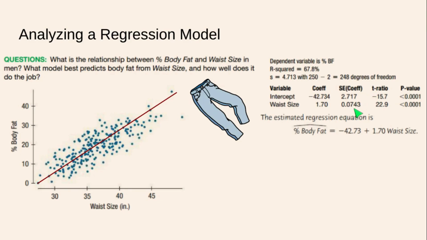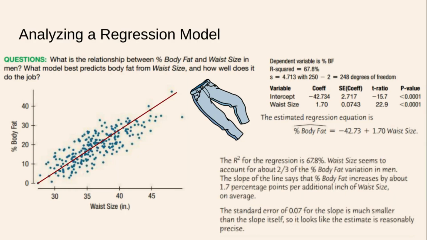This is the standard error specifically for the coefficient, all right? This is a measure of, in repeated sampling, how variable this coefficient is going to be. Say we took a bunch of other samples of the same size, how variable is this slope of our regression line going to be?